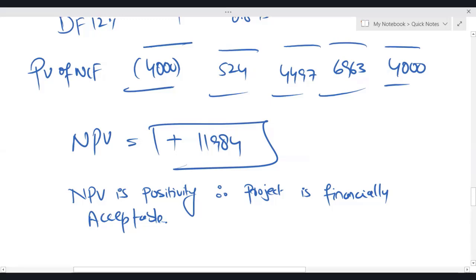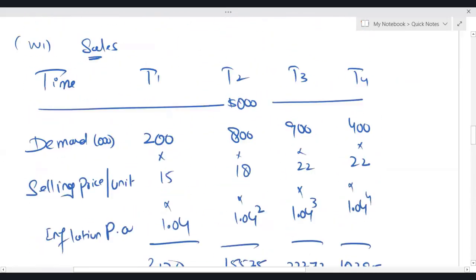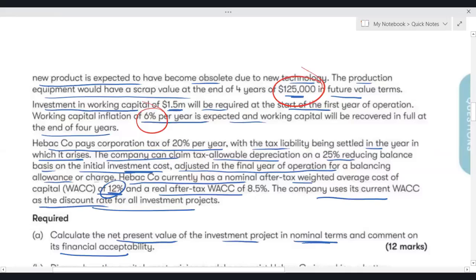See, these are the basics. I think you have missed the previous classes also. What it says, weighted nominal after tax is 12%. You should have seen the question. So when cash flows are nominal, then cost of capital will be nominal.